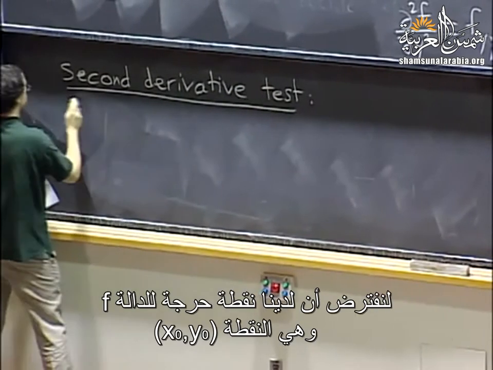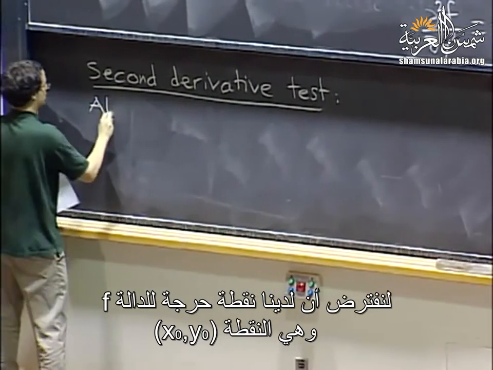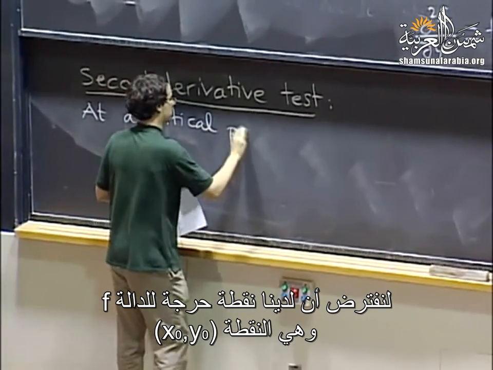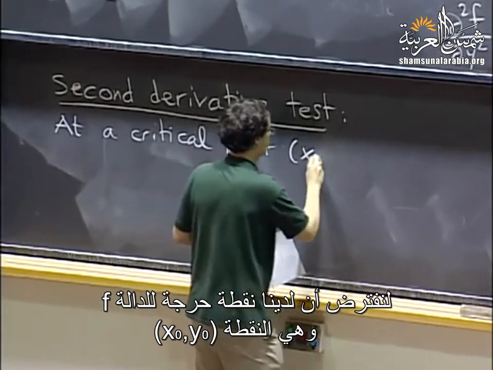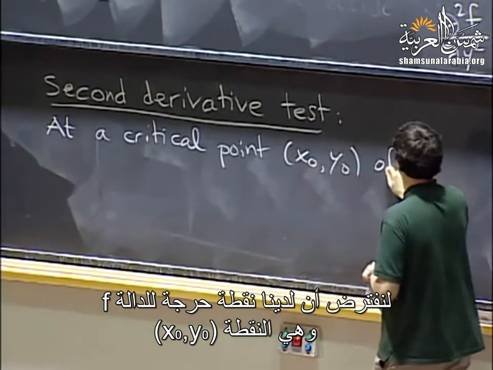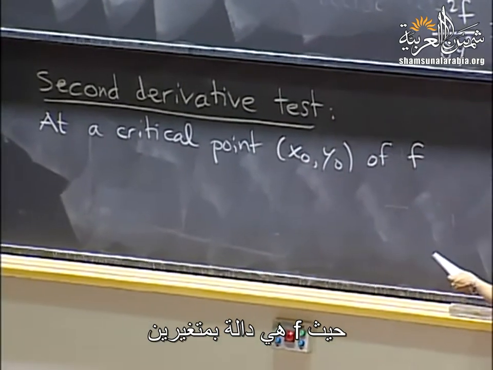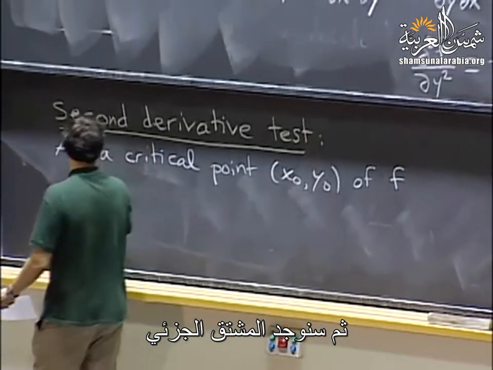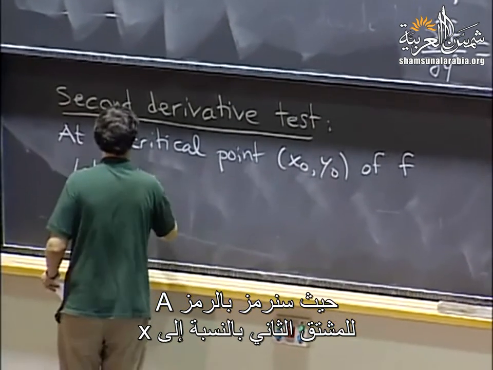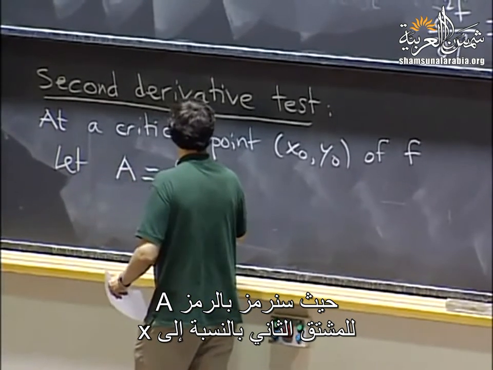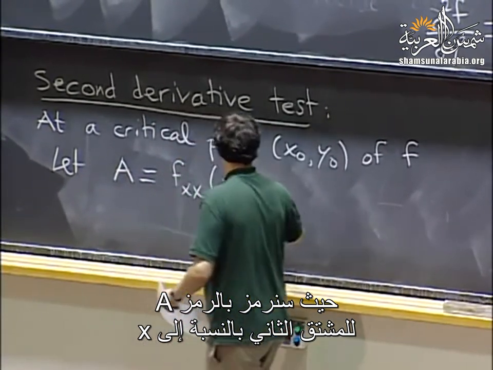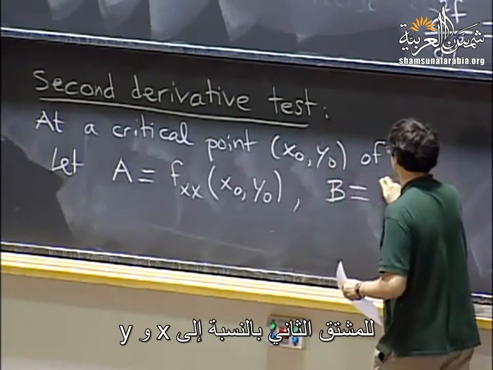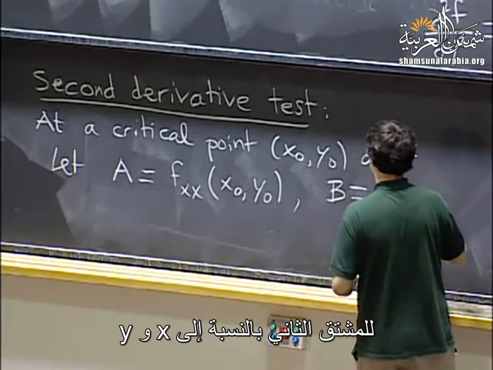It says, say that you have a critical point x0, y0 of a function of two variables f, and then let's compute the partial derivatives. So let's call capital A the second derivative with respect to x. Let's call capital B the second derivative with respect to x and y.